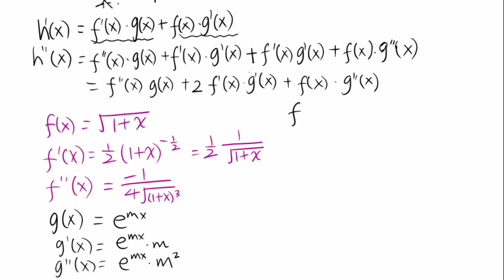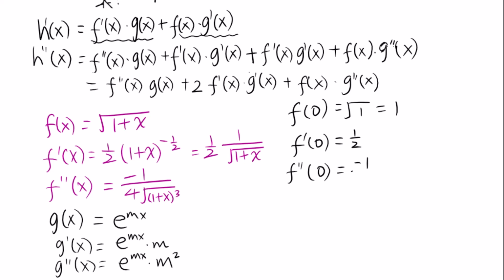Then we can figure out f of 0 equals square root of 1 equals 1. f prime of 0 equals 1/2 times 1 over 1, which is 1/2. f double prime of 0 equals -1/4.